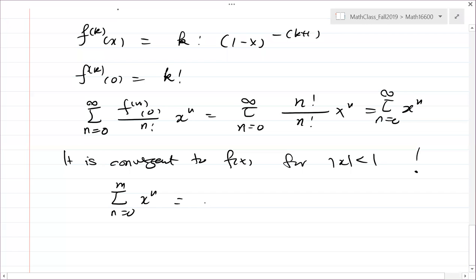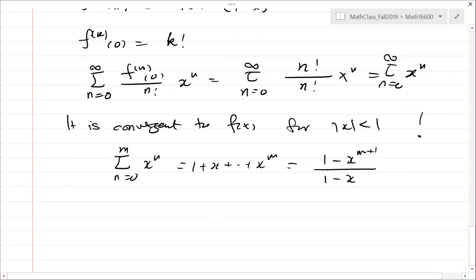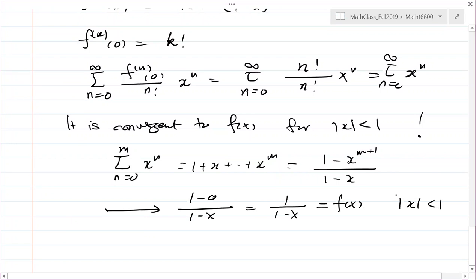It's going to be 1 plus x all the way to x to the m, which is 1 minus x to the m plus 1 over 1 minus x. So it's convergent to 1 over 1 minus x, and this is just f of x when absolute x is less than 1.